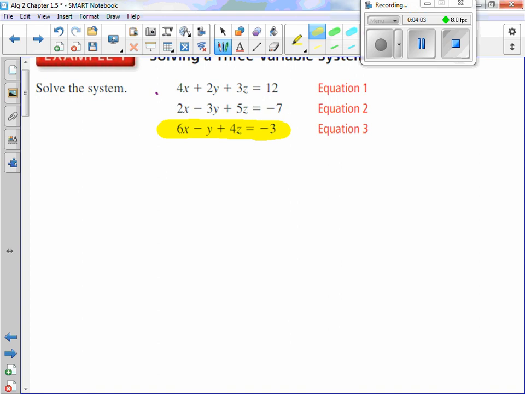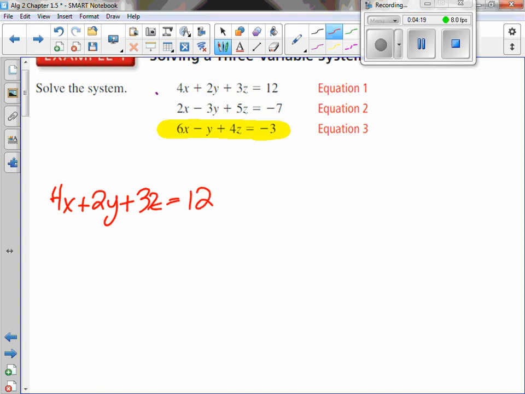The reason I highlight it is because we're going to use it to eliminate y out of the other 2 equations. So I'm going to write 4x plus 2y plus 3z equals 12 down here. And 2x minus 3y plus 5z equals -7.